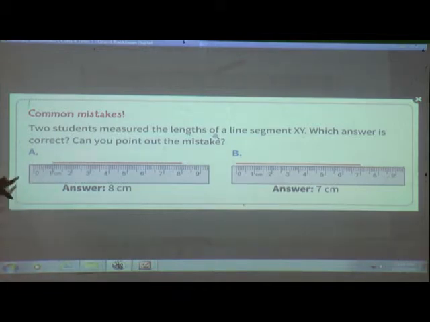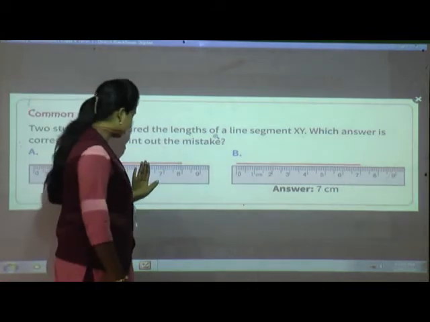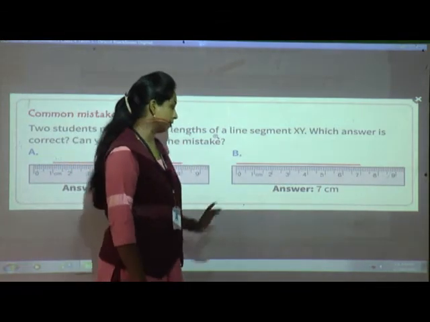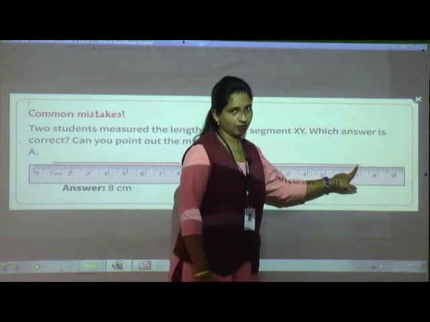You have taken the scale here and they asked to measure 7 centimeter. The first student started from 1 to 8. Okay, 8 centimeter he has drawn. And the B student, they said 7 centimeter, then he started from 0 to 7.